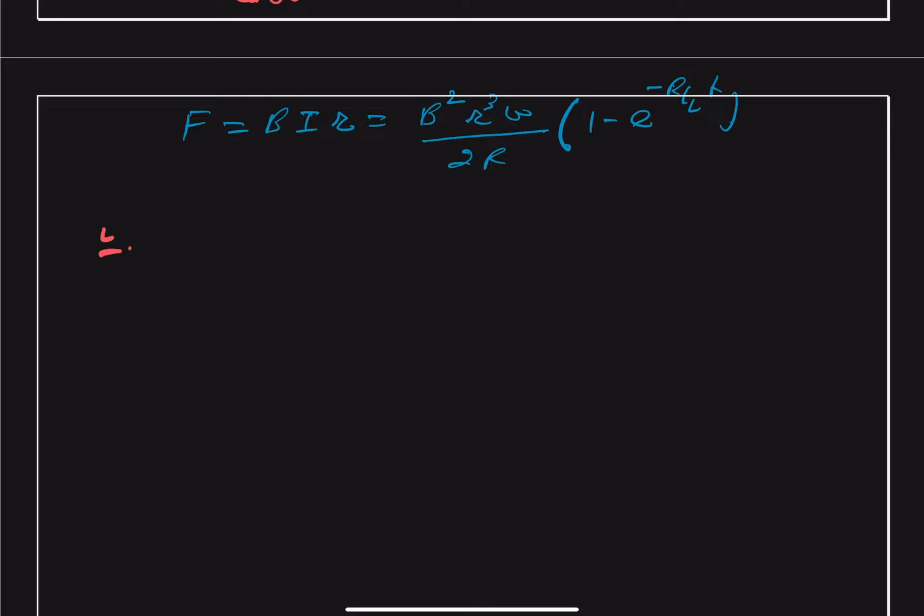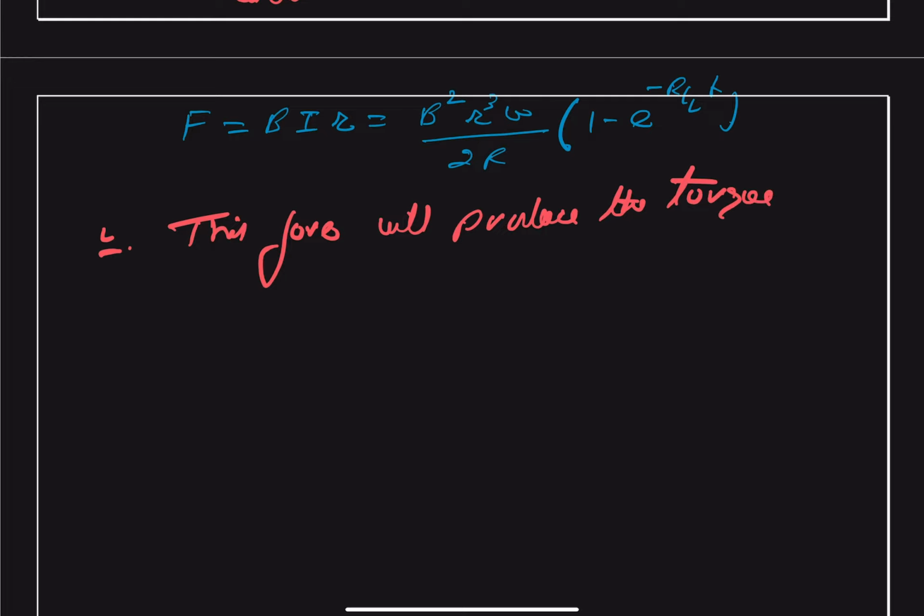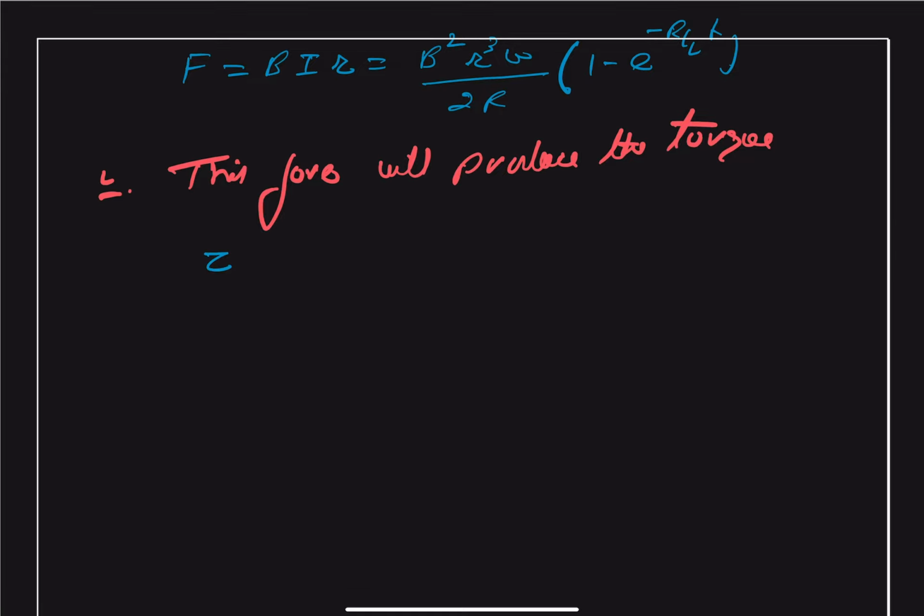From here we can say that this force will produce the torque, and the torque represented as tau will be equal to F multiplied by R upon 2, and this gives us B square R cube omega divided by 4R, times 1 minus e raised to power minus R upon L multiplied by t.